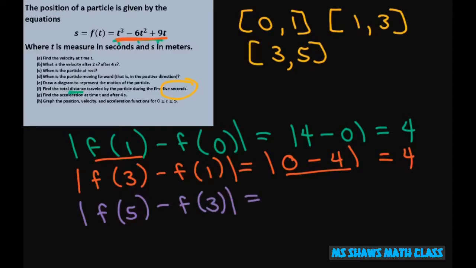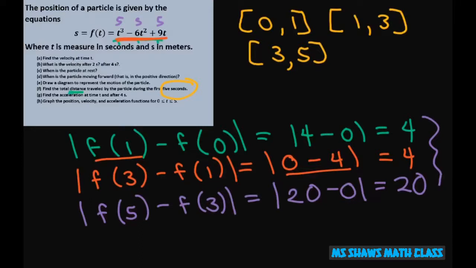So f of 5 is going to be 20. If you plug in 5 in here, you'll get 20. And f of 3 we already know is 0. So that equals 20. Now, to find the total distance you just add these up. So we have 4 plus 4 plus 20 equals 28. And that's going to be meters.